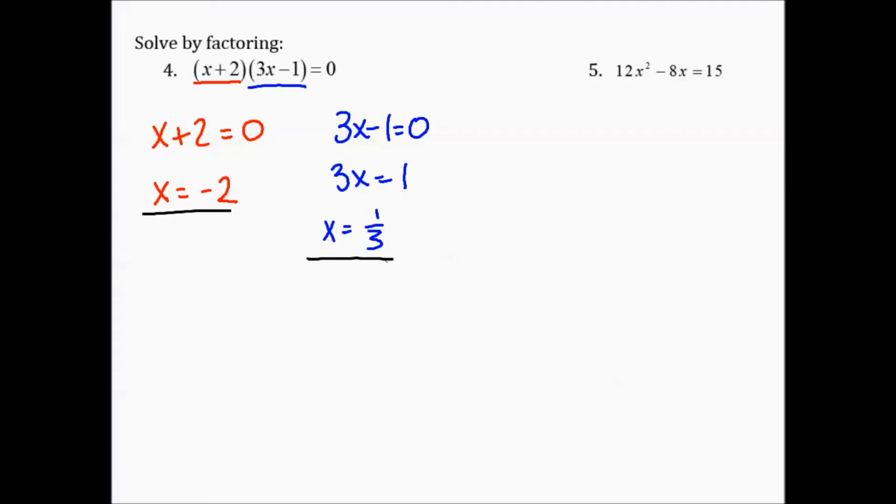With problem number 5, we still need to factor because it's not already factored for us. And in addition to factoring, we need to make sure it is set equal to 0 first.